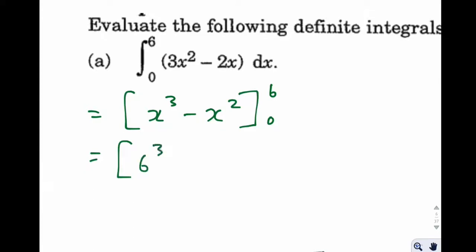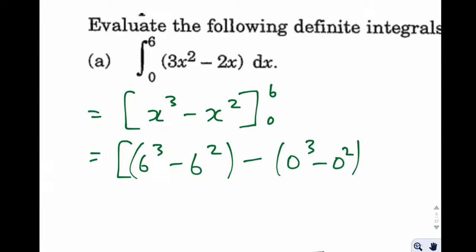So 6 cubed minus 6 squared. Subtract off, and then we substitute 0 in. You really don't need to do this bit here, because that's really obvious that that's going to be 0. So the answer is just 6 cubed, which is 216, minus 6 squared, which is 36, which gives me 180.